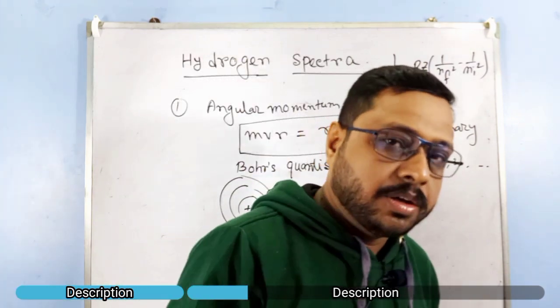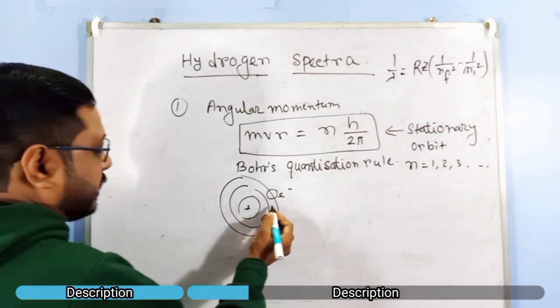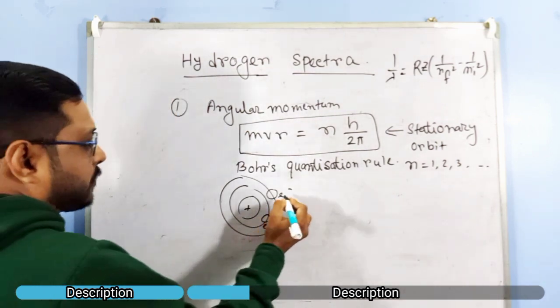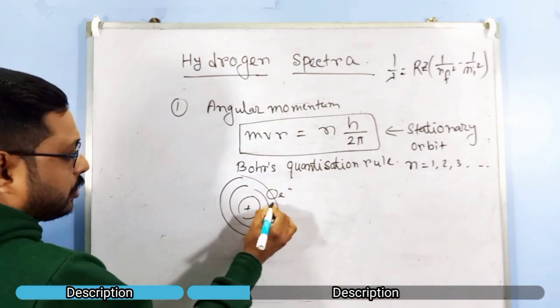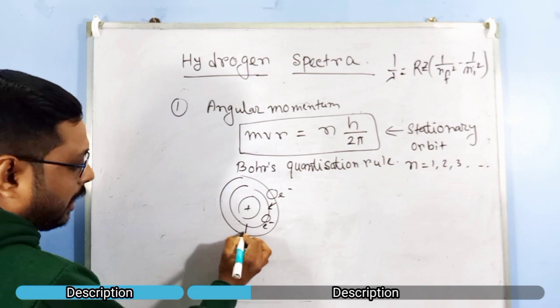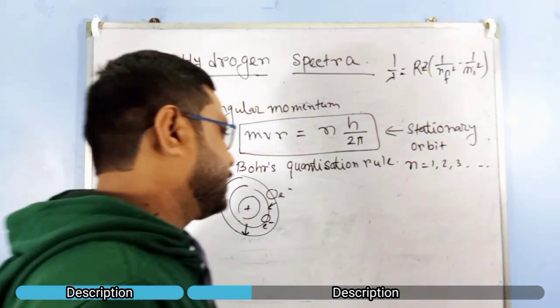So when do they emit radiation? Only when they make a quantum jump. That is, when the electron comes from an upper orbit to a lower orbit, or from a lower orbit to an upper orbit, only then does it emit radiation.